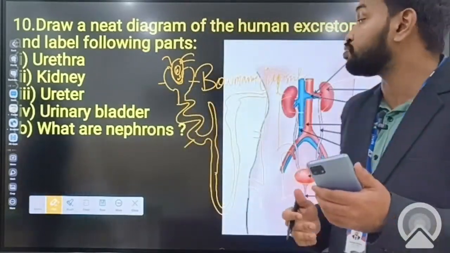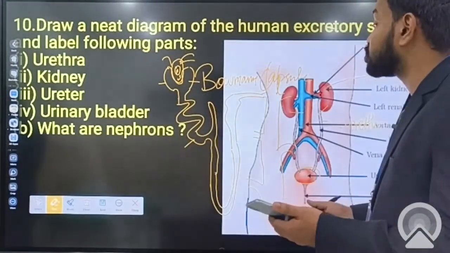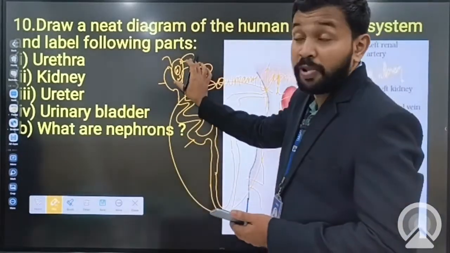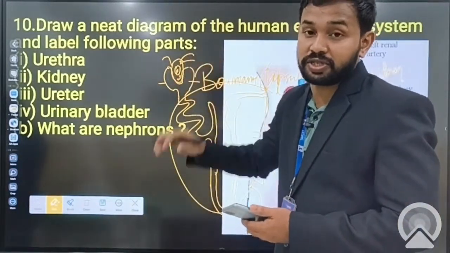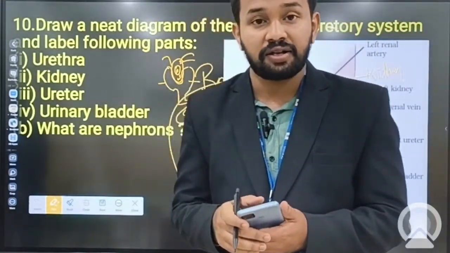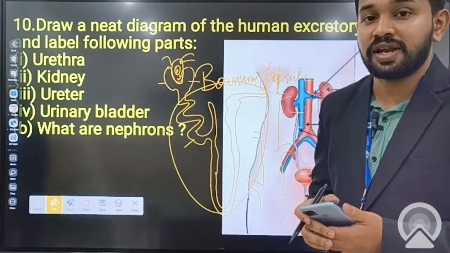These elements are reabsorbed. Mainly water is also reabsorbed in this area. Here it is helping the filtration process. Do you get the idea? Is it clear?